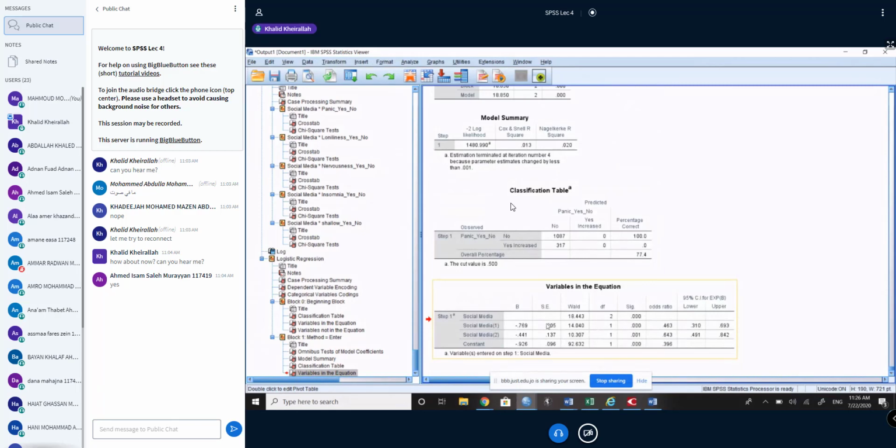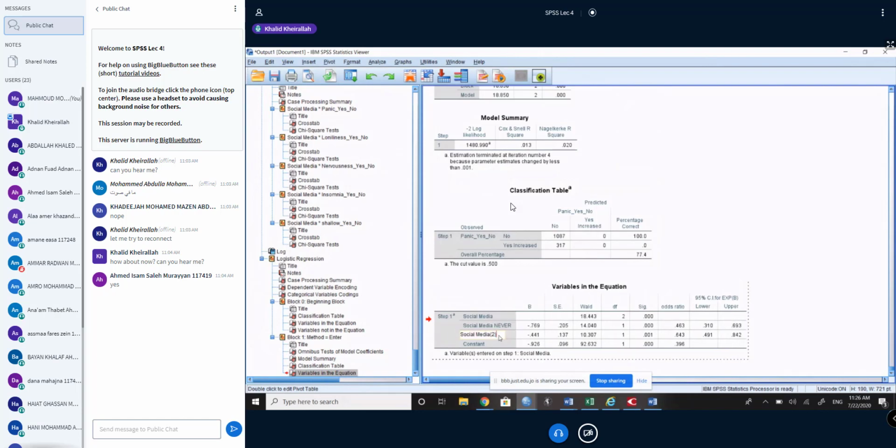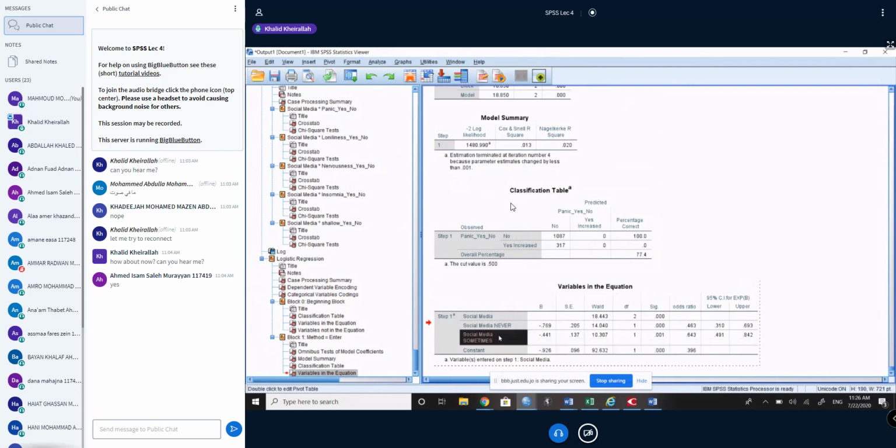Social media as a variable, this is the first one. Social media as one single variable. And social media 1, which is going to be never. Social media 2, which is going to be sometimes.